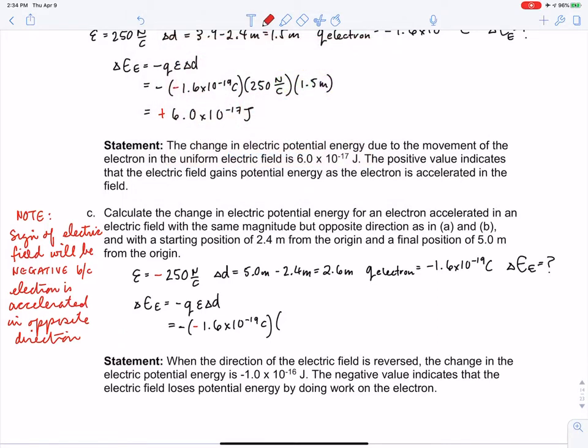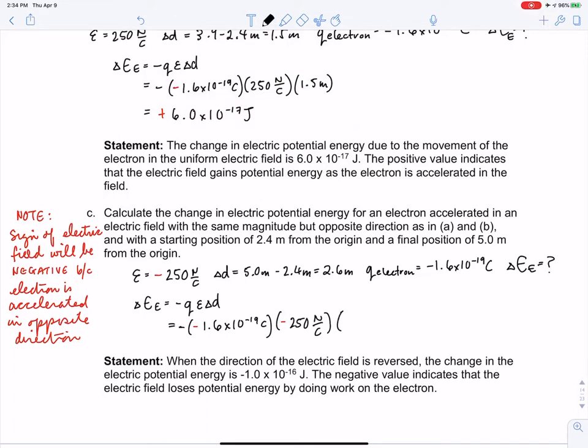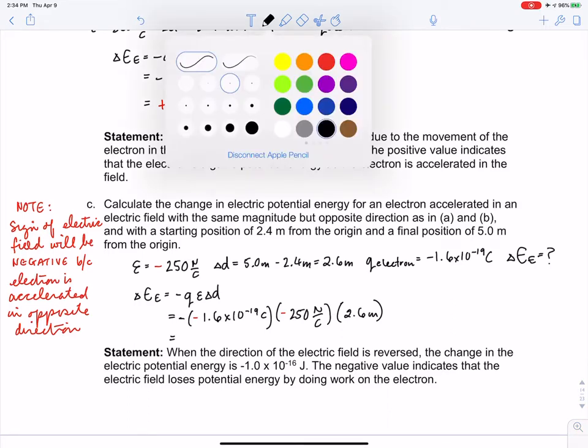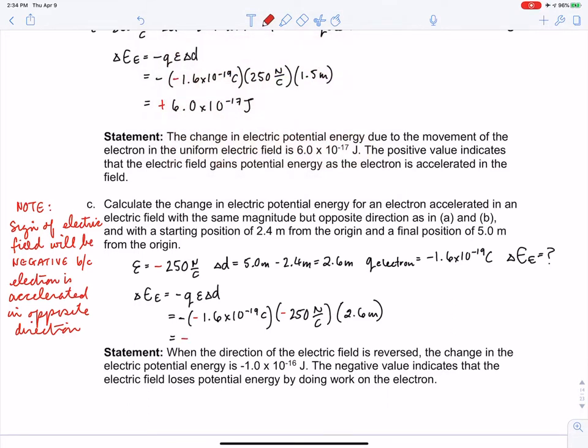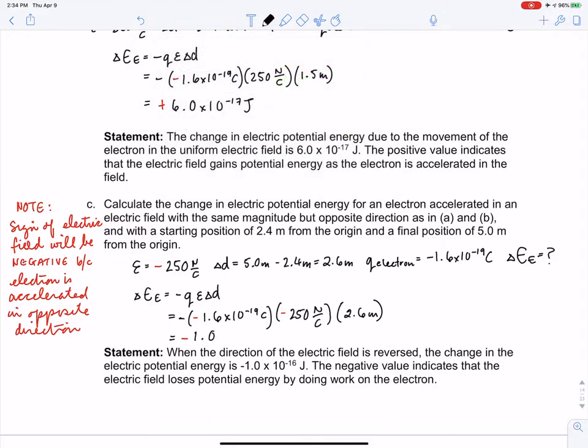Since we're accelerating in the opposite direction, this will be negative 250 newtons per coulomb times a distance of 2.6 meters. Punch this into your calculator. You will get negative 1.0 times 10 to the power of negative 16 joules.